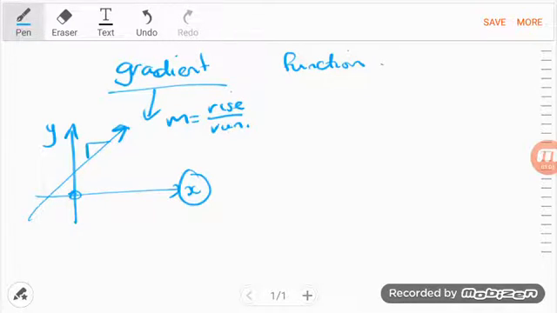Now a function is a rule that determines something. So it's basically an equation. Okay? So we'd have y is equal to, so we could have some kind of parabola, ax squared plus bx plus c, where a, b and c are any kind of numbers.